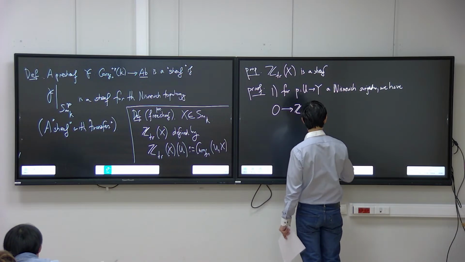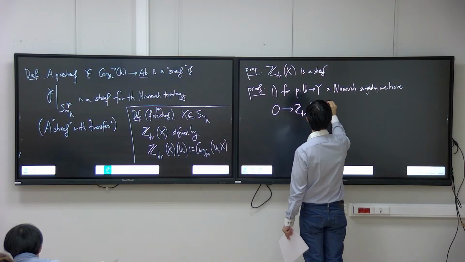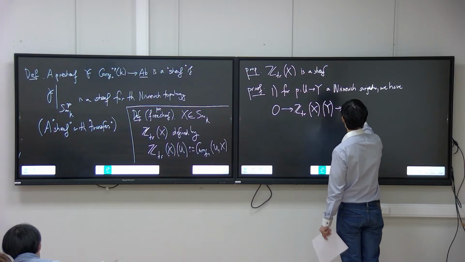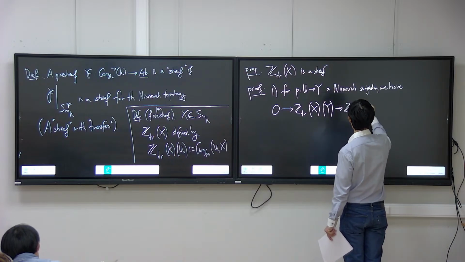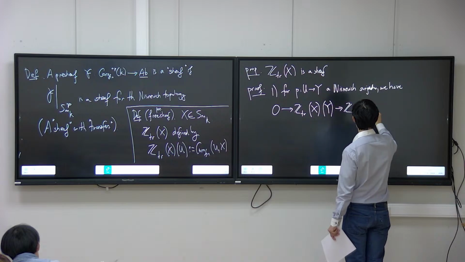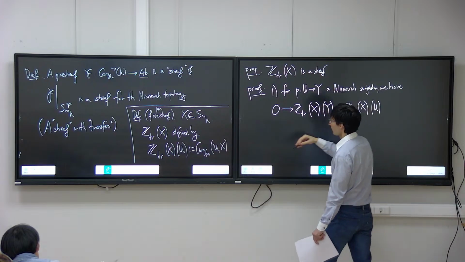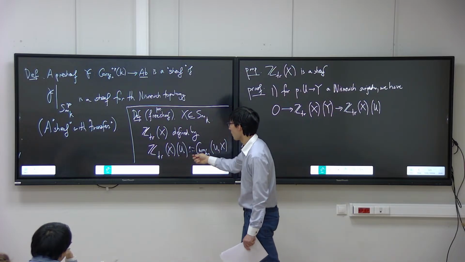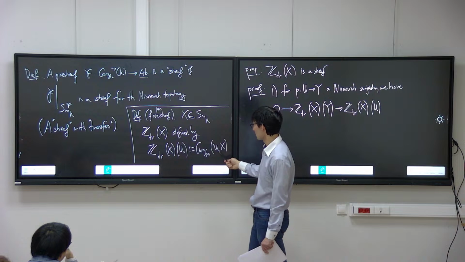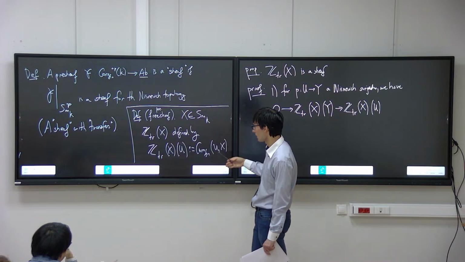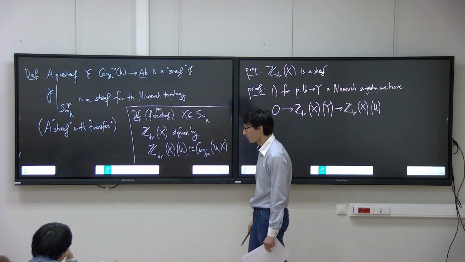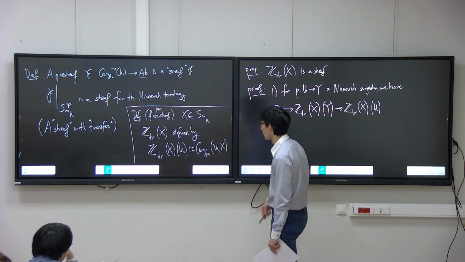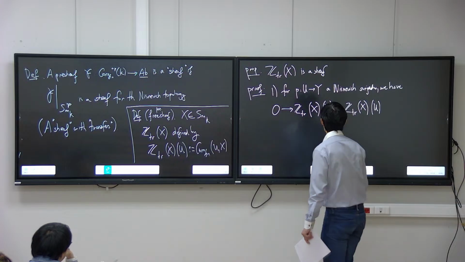So Z_tr(X) of Y to Z_tr(X) of U. By the way, this presheaf structure, the maps are given by composition of correspondences, finite correspondences, which I didn't explicitly verify works out, but it does, because the correspondences are finite.